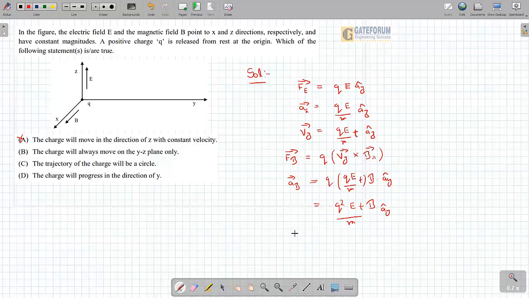From here, if I write Vy, this is the y direction, it is q square E B integrated, t square by 2m, and here once again m square will come.